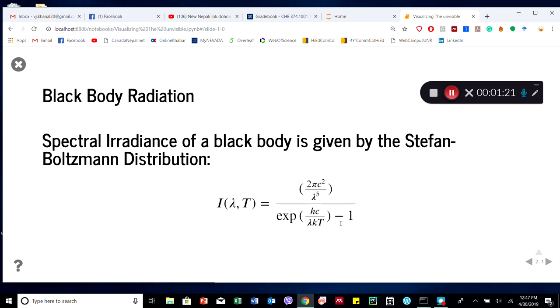See, this complex equation, a function of wavelength and temperature. If you want to visualize this function, as a function of temperature or wavelength, it's actually hard, right?